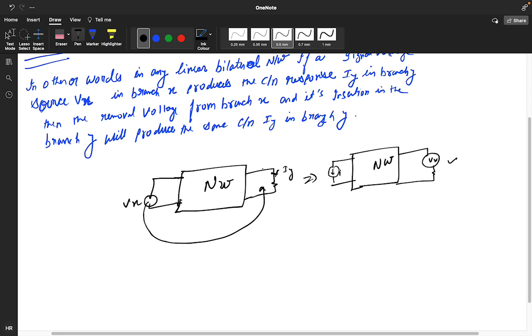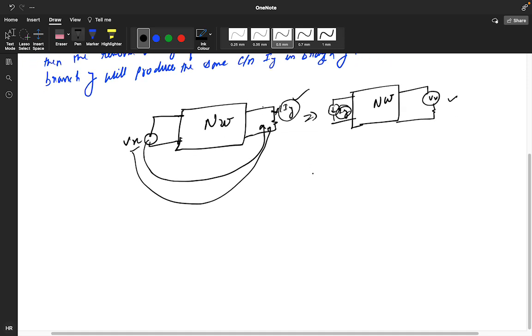If I insert these things in this part, I will get the same current that was being produced here. So this is the meaning of reciprocity. We'll do the question and understand it in a very good way.